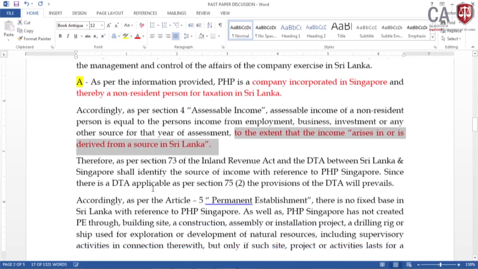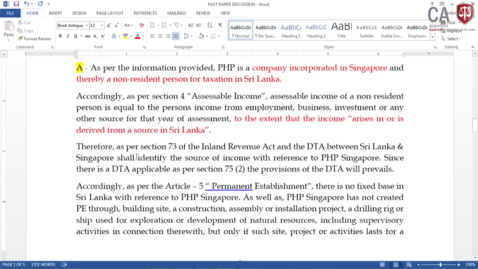Clear? Therefore, as per section 73 of the Inland Revenue Act and the DTA between Sri Lanka and Singapore, we shall identify the source of income with reference to PHP Singapore.